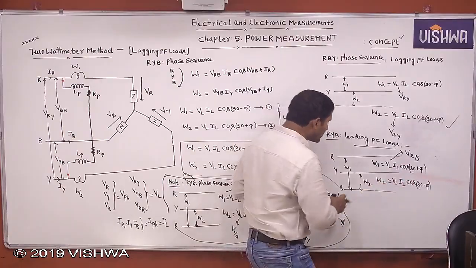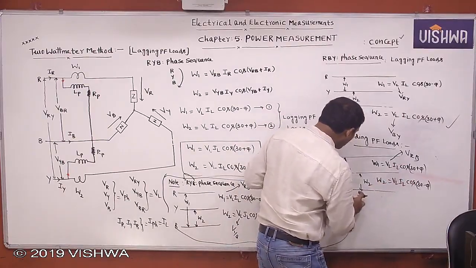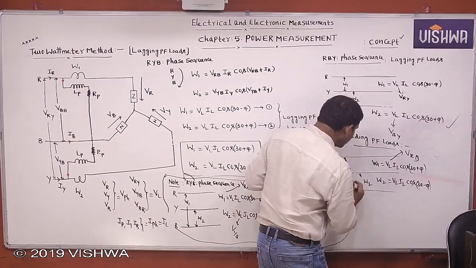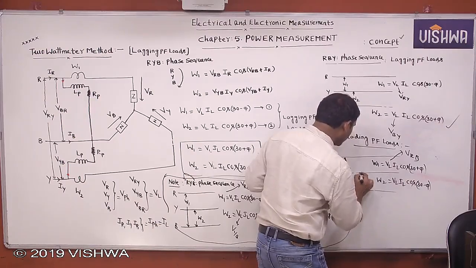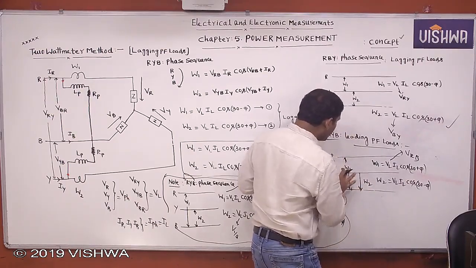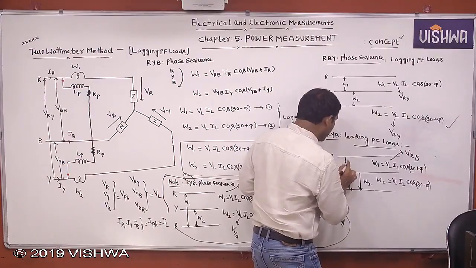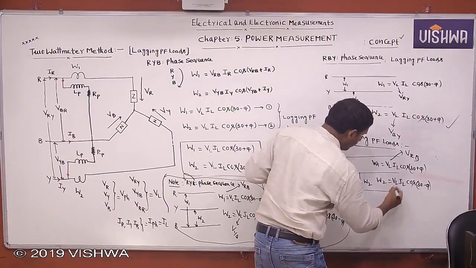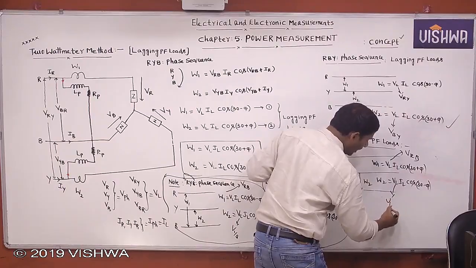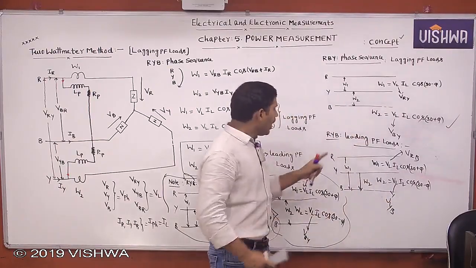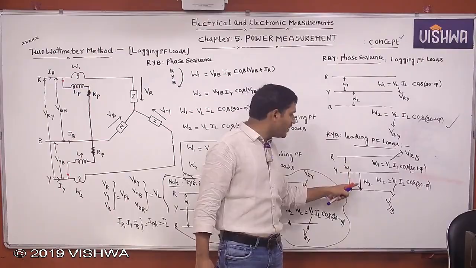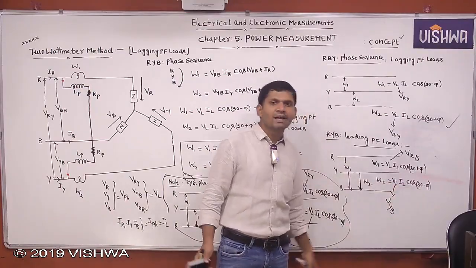W2 is connected between Y and B. After Y we are getting B. That means the phase sequence is followed. Exactly opposite.